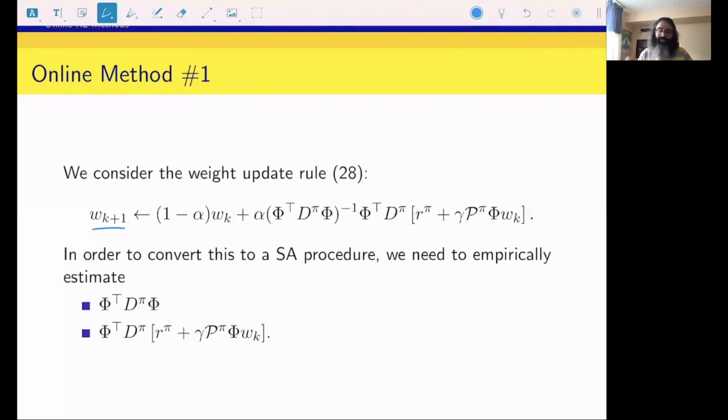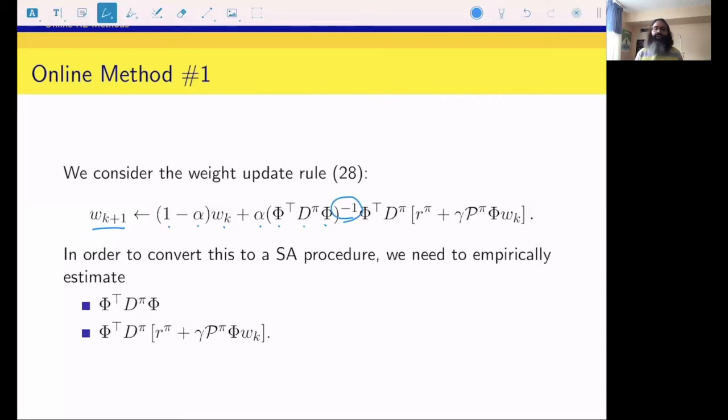So the weight of the linear function approximation is W_{k+1} = (1 - alpha) W_k + alpha times the matrix (phi transpose D_pi phi) inverse, and then phi transpose D_pi times (r_pi + gamma P_pi phi W_k).